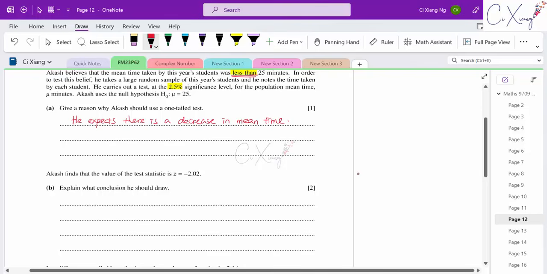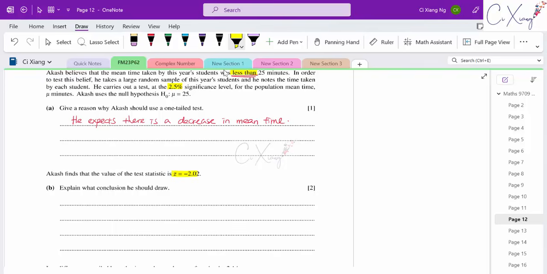Akash finds that the value of the test statistic is z equals negative 2.02. They want us to explain what conclusion he should draw. Alright, so for this question, we already know that the significance level is 2.5%. And if we try to recall, our null hypothesis is mean equals 25 minutes.